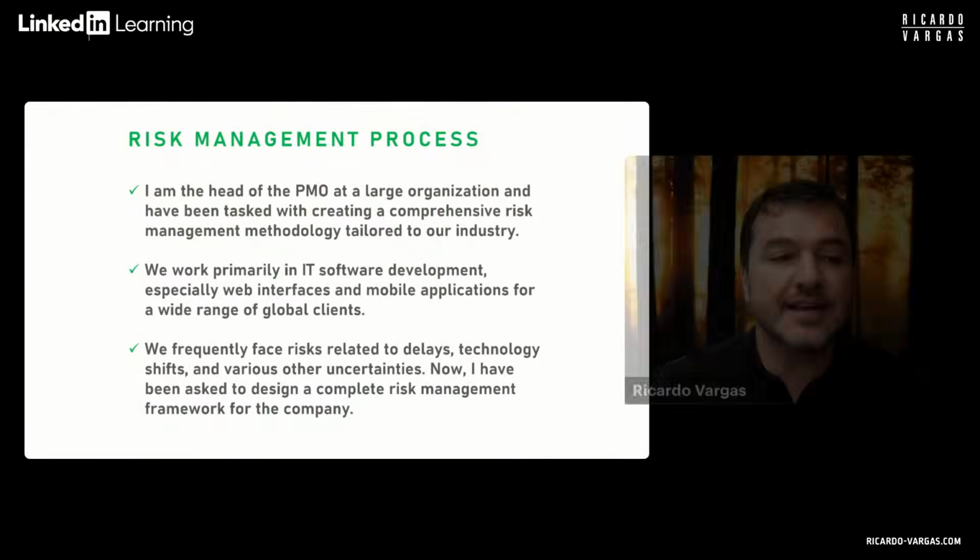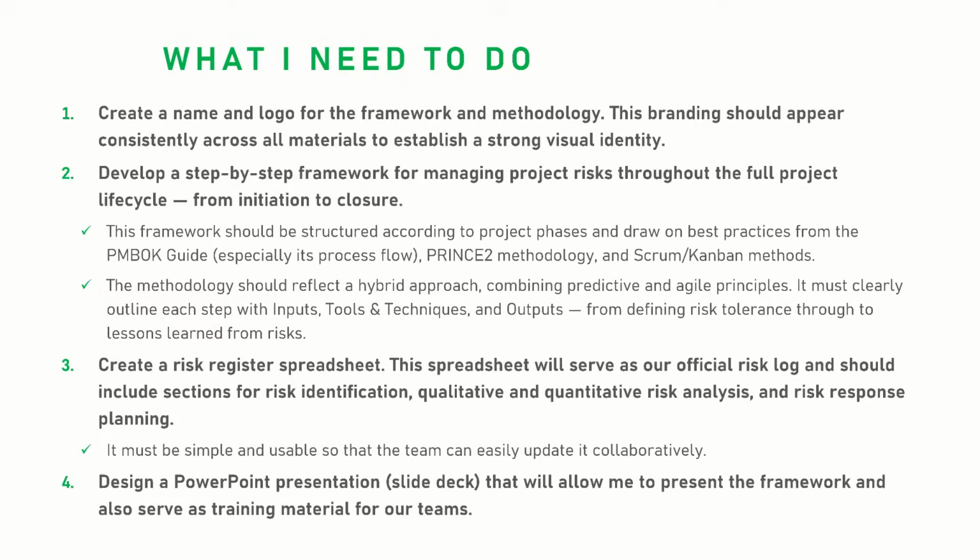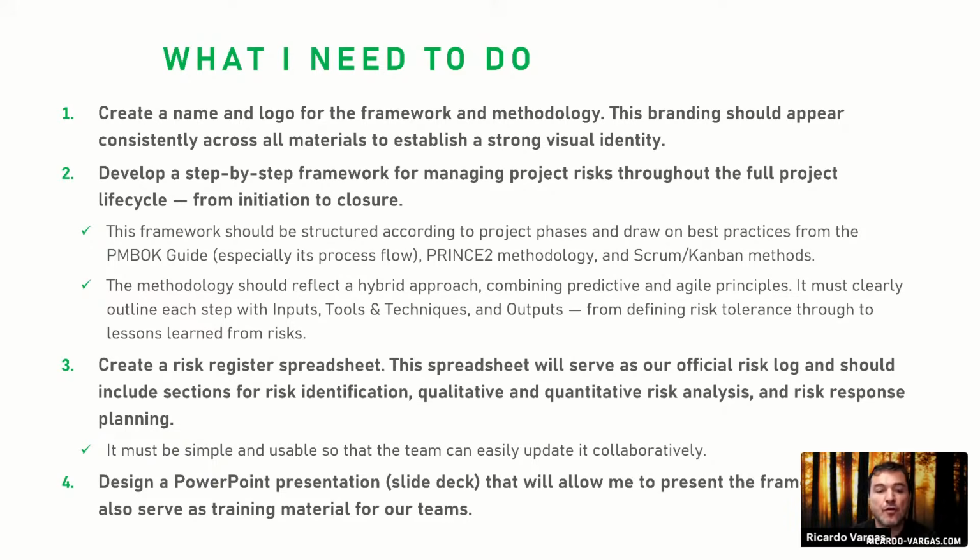The first thing I want to share with you is our task. I want Manus to help me by doing four steps. So I have four tasks for my AI agent, which is Manus in this case. First, create a name and a logo for the framework and the methodology.